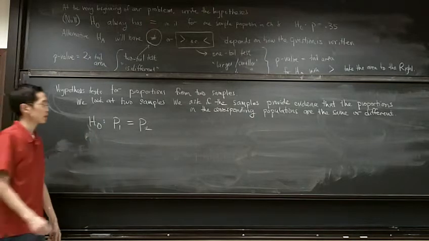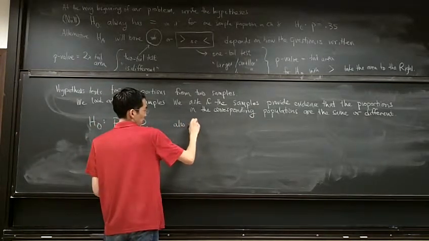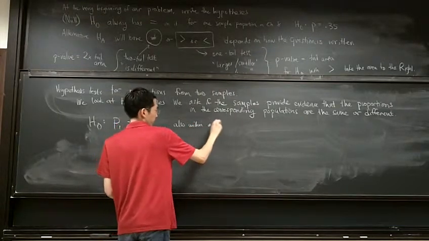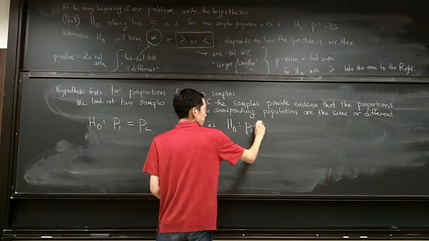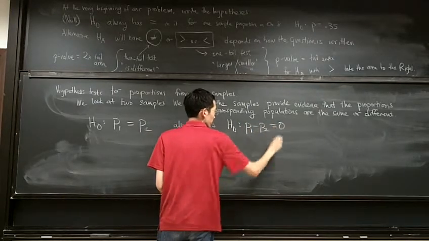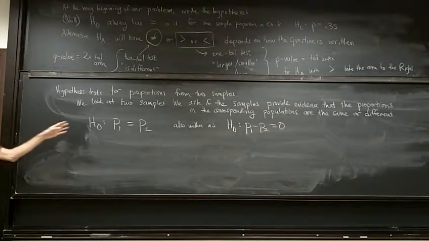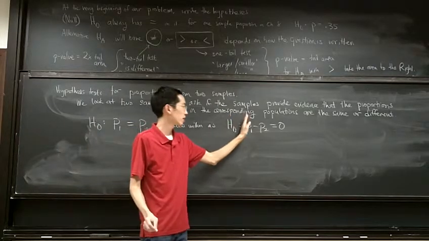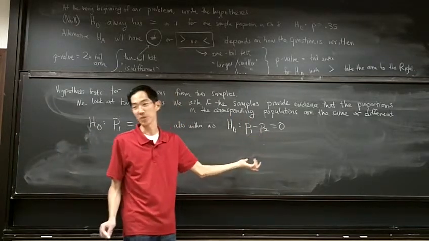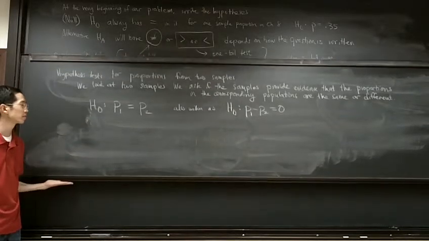This could also be written P1 minus P2 equals 0. This one says the two numbers are equal to each other. This one says that there's no difference between the two.